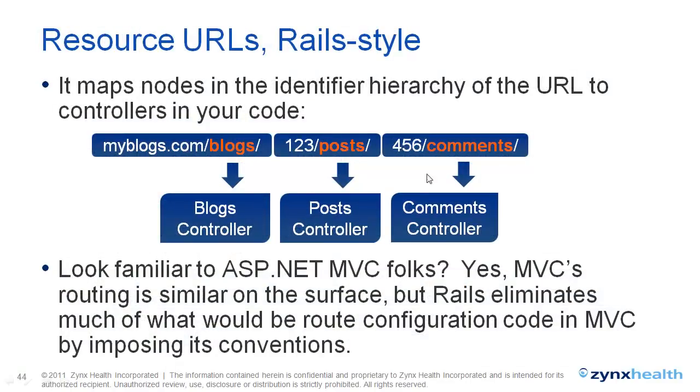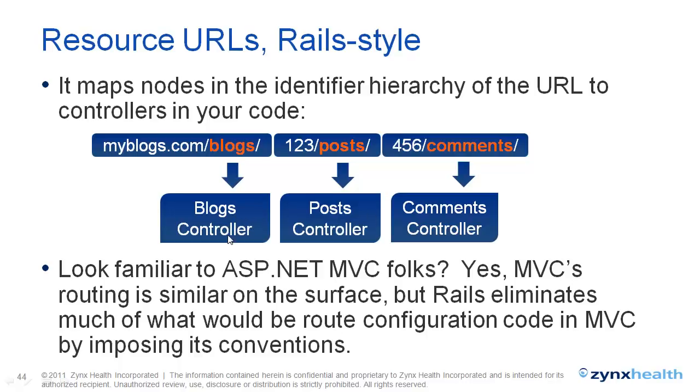And in the Rails framework, and as we'll see, the RESTful routing library allows us to do the same in the MVC framework. The resources identified by various pieces of the URL are mapped by the framework, and the routing library in our case, to controllers.